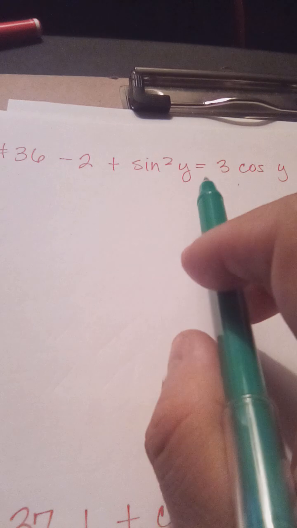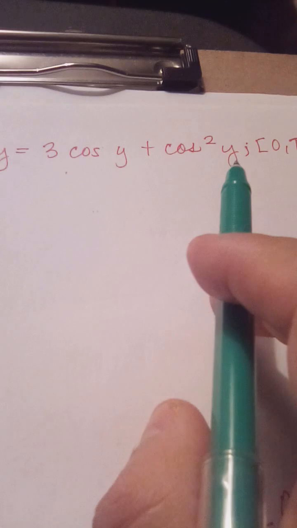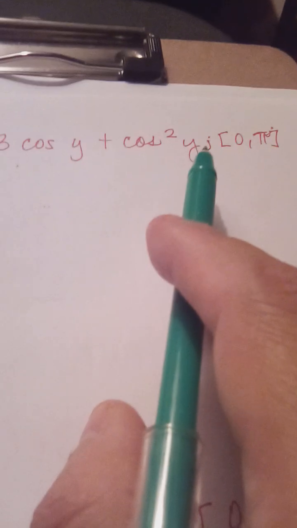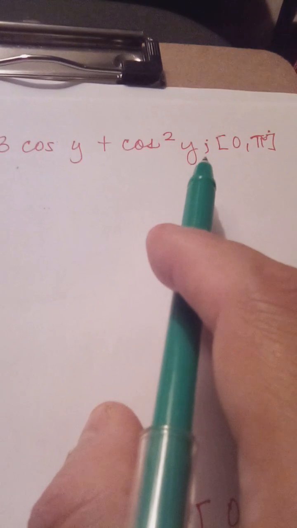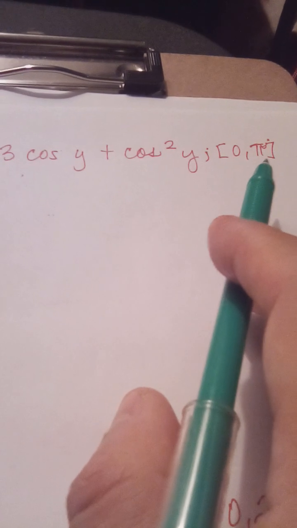All right. Let's see this. The number 36. We have negative 2 plus sine squared y equals 3 cosine y plus cosine squared y. And you see the parentheses like a semicolon, and the brackets is the 0 and pi.